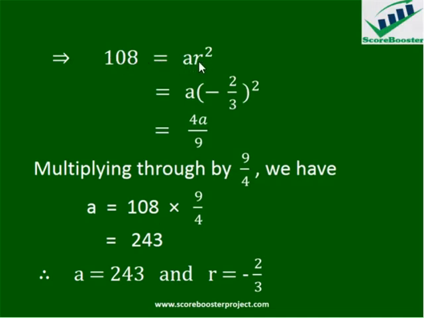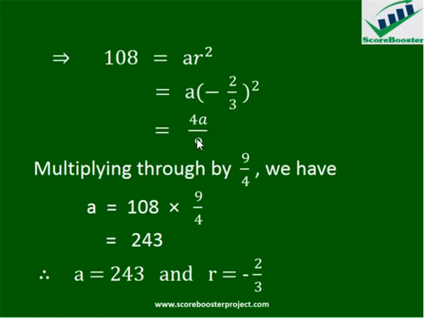We know the value for r to be minus 2 over 3, so 108 equals a into minus 2 over 3 squared. That is minus 2 over 3 multiplied by minus 2 over 3. The first thing we do is negative multiplied by negative to give positive. 2 multiplied by 2 gives 4. 4 multiplied by a gives 4a, and 3 multiplied by 3 gives 9. So here we have 108 equals 4a over 9.